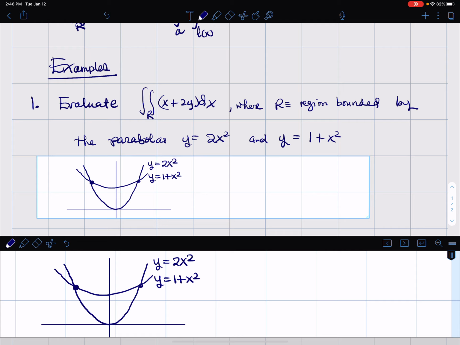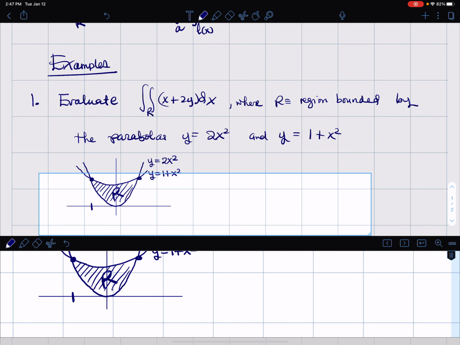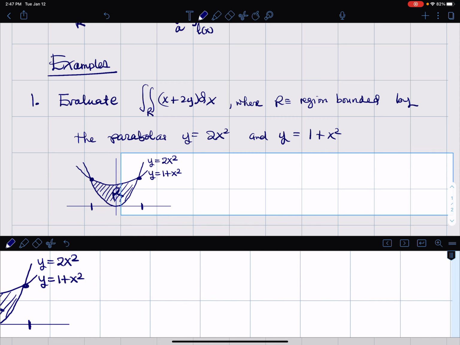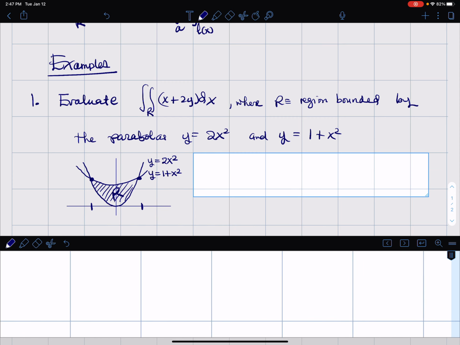There are 2 points of intersection, and this is our region, the region we're going to be thinking of. What are their points of intersection? In order to use this region, we have to find these points of intersection.